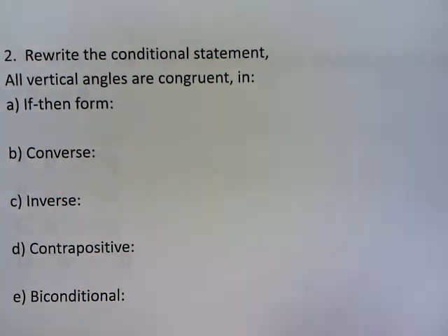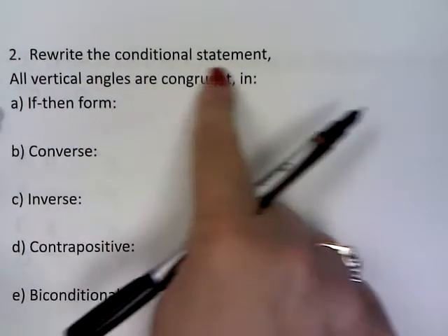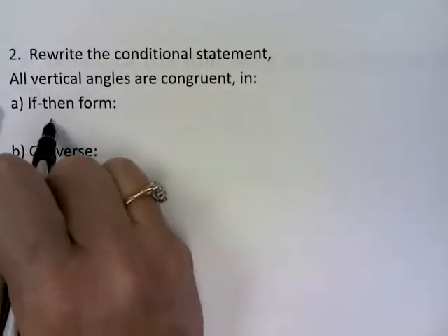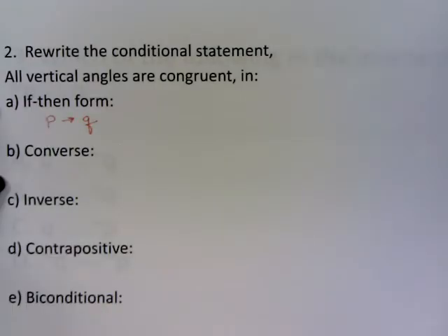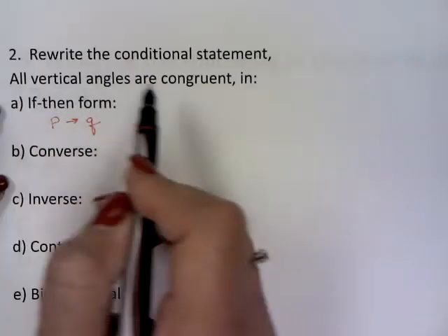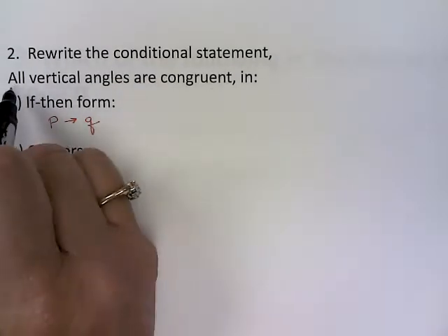So first of all, a conditional statement, or an if-then form, is my P, then Q form, where P is my hypothesis or my subject, and Q is my conclusion or my predicate. So first, looking at this statement here, our vertical angles are congruent.